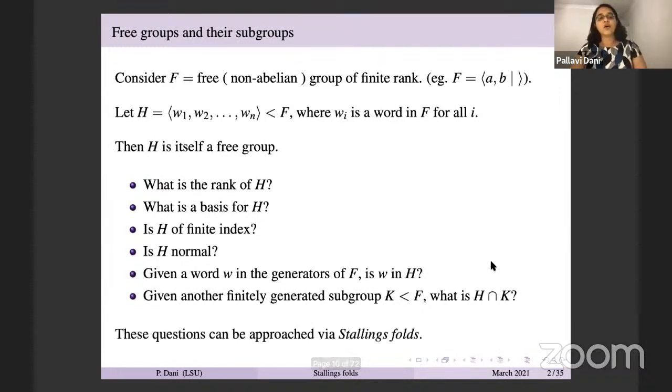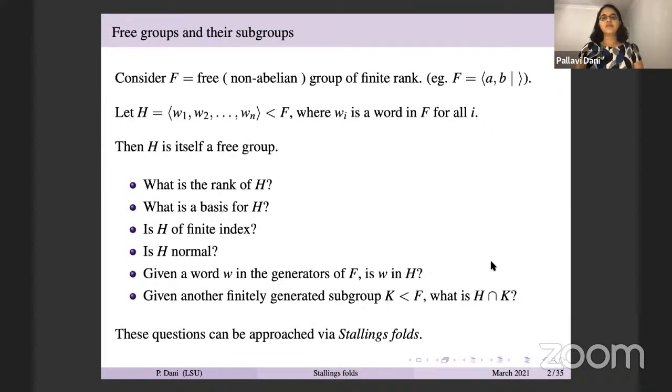And so it turns out that all of these questions can be approached using this approach of Stallings folds. But I should say that all of these are questions in combinatorial group theory, and they already had combinatorial solutions to many, if not all of these questions.